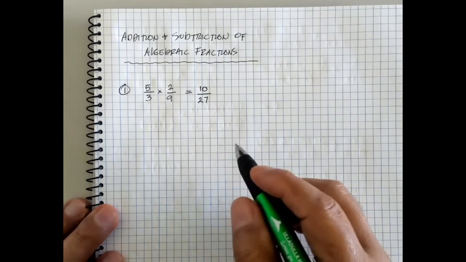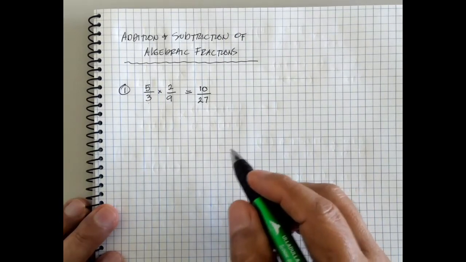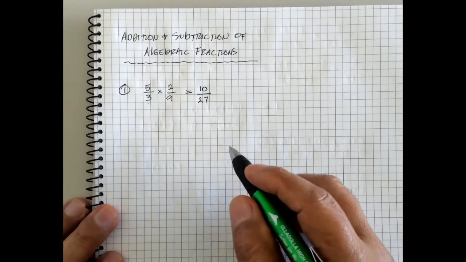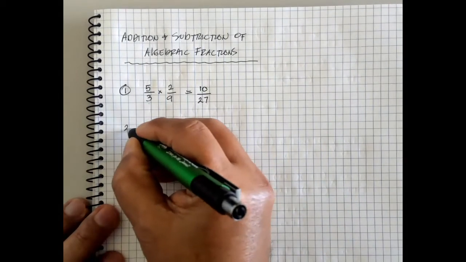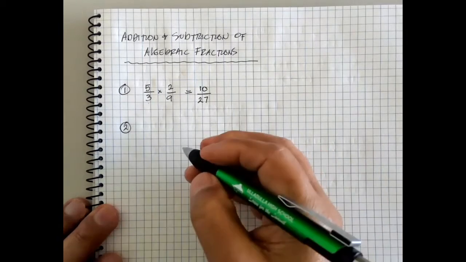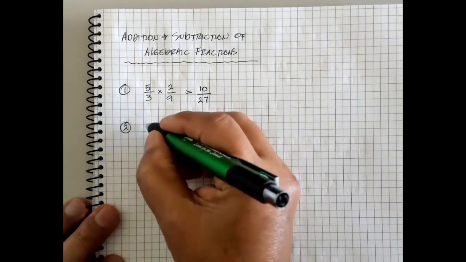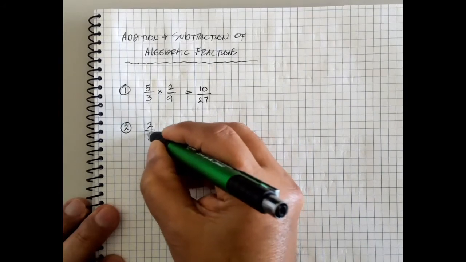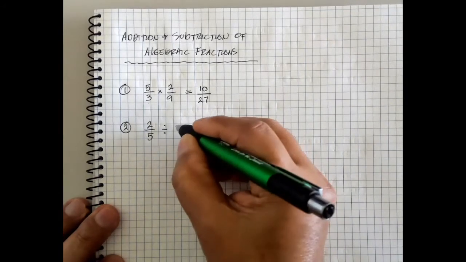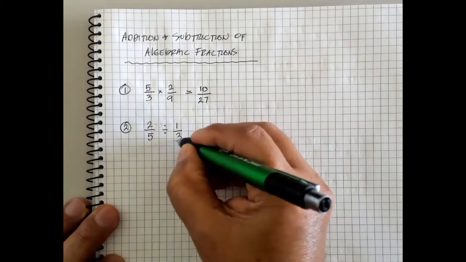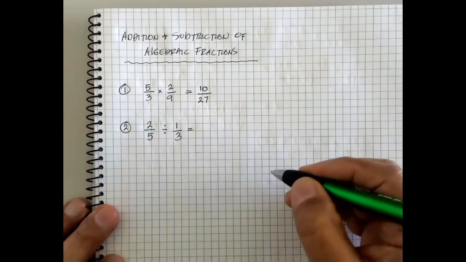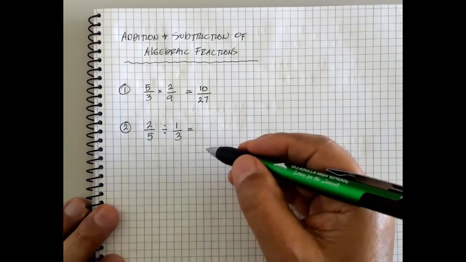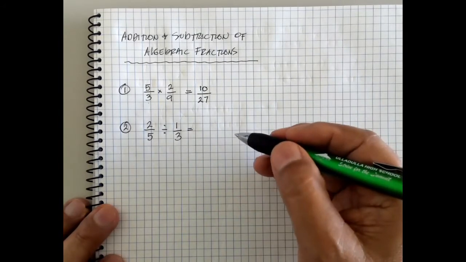So we multiply the numerators, and then we divide the answer by the product of the denominators. When we divide fractions, for example, if you have 2 over 5 divided by, just to say something, 1/3, we learned that division becomes multiplication when dealing with fractions.